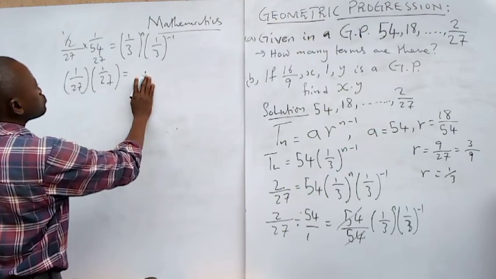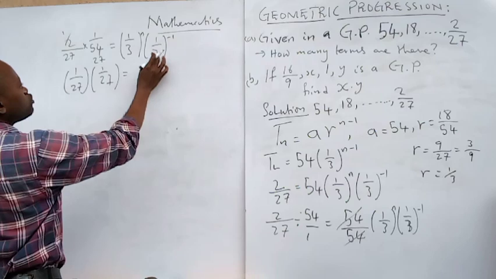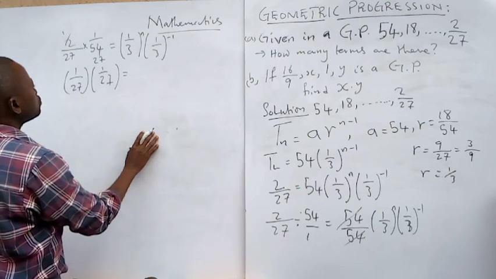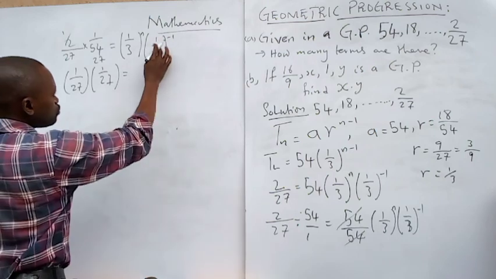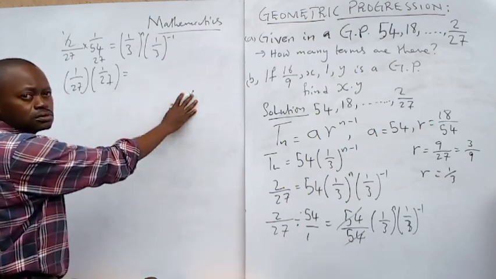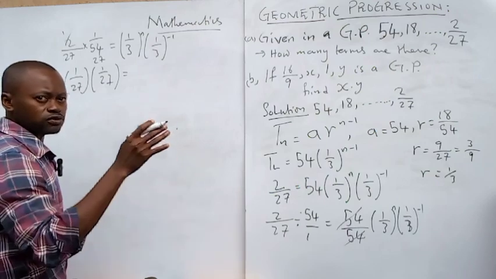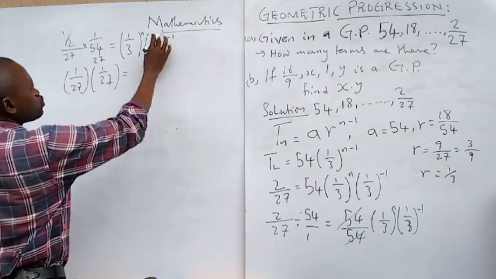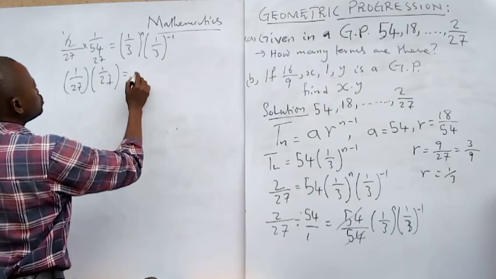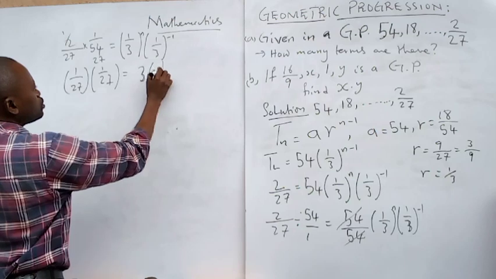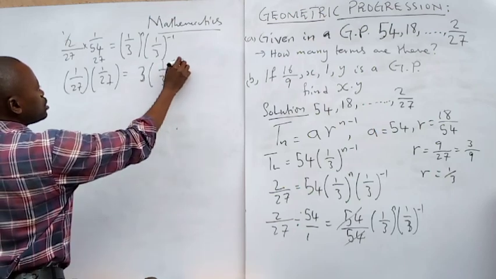What is the inverse of 1 over 3? I think you should know it's 3. Please, the inverse of 1 over 3 is 3. You understand? The inverse of 5 is 1 over 5, so the inverse of 1 over 5 is 5, and the inverse of 1 over 3 is 3. So we will have 3 here, multiplying this 1 over 3 raised to power n.